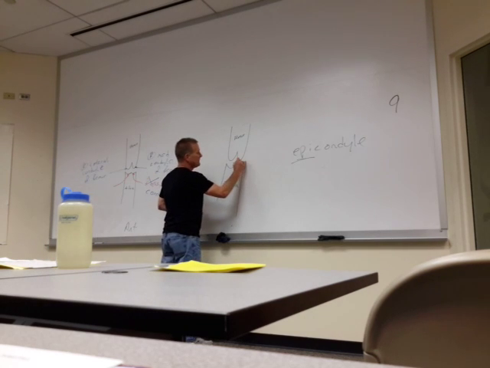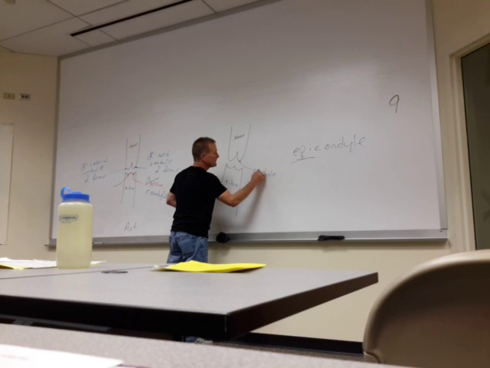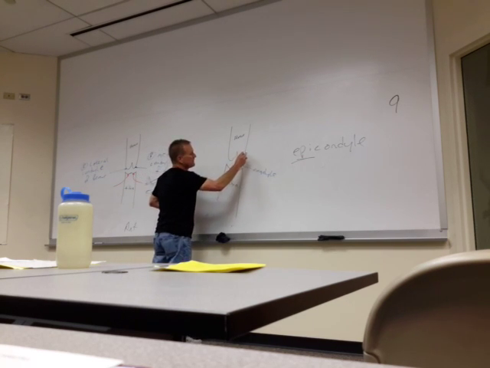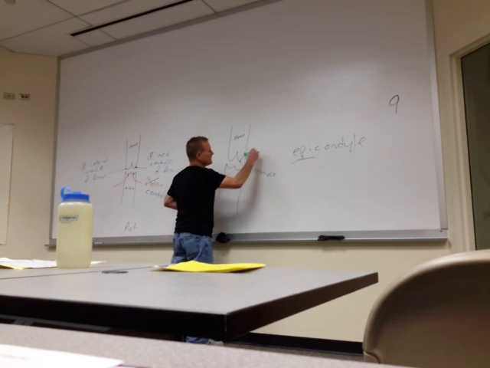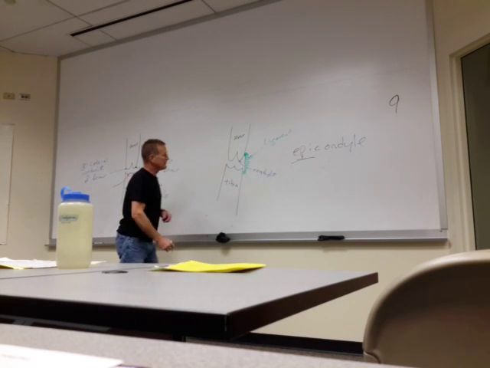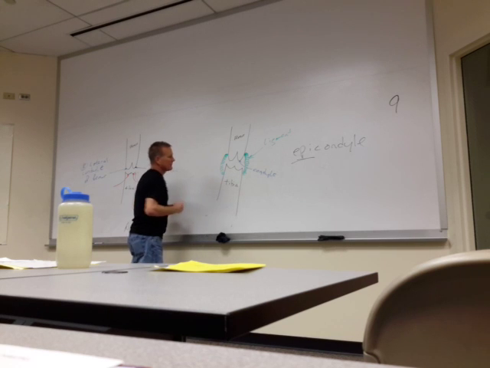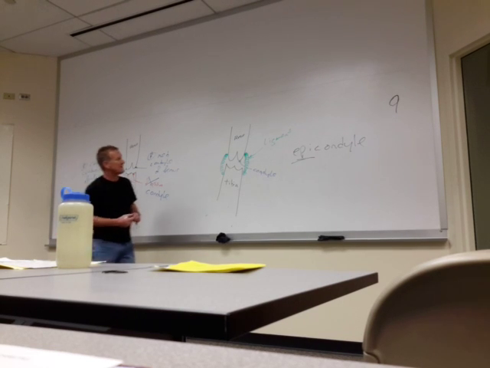So if we have a condyle, and we have a ligament holding those bones together, another one over here, so in other words, on each side of your knee, you have ligaments that hold the bones together.